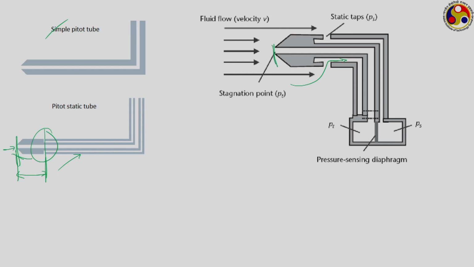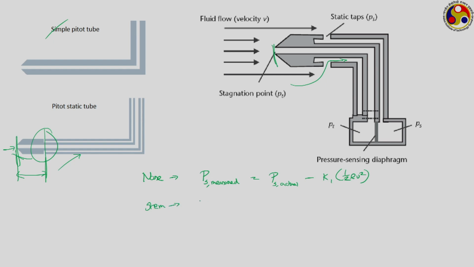Thereby, there are two opposing effects, and the position of the hole depends on how we can counterbalance these two effects. Because of the effect of the nose, the location where we are measuring the static pressure will have a measured value lower than the actual one, where K1 is the corresponding constant or coefficient.